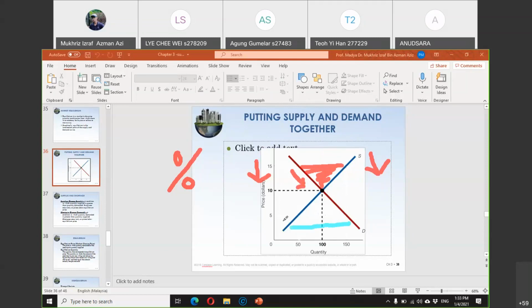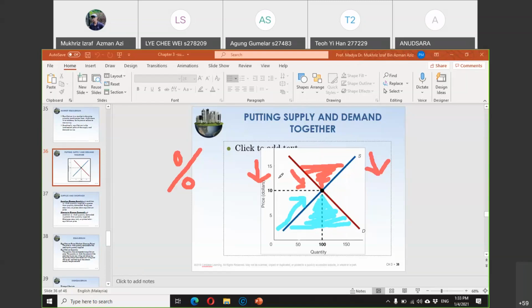If the price is considered too cheap or too low, meaning demand is higher than supply, the supplier will tend to increase the price to get more profit. As the price starts to increase, demand will become smaller and smaller until this excess in demand no longer exists. So you always go back to the equilibrium.